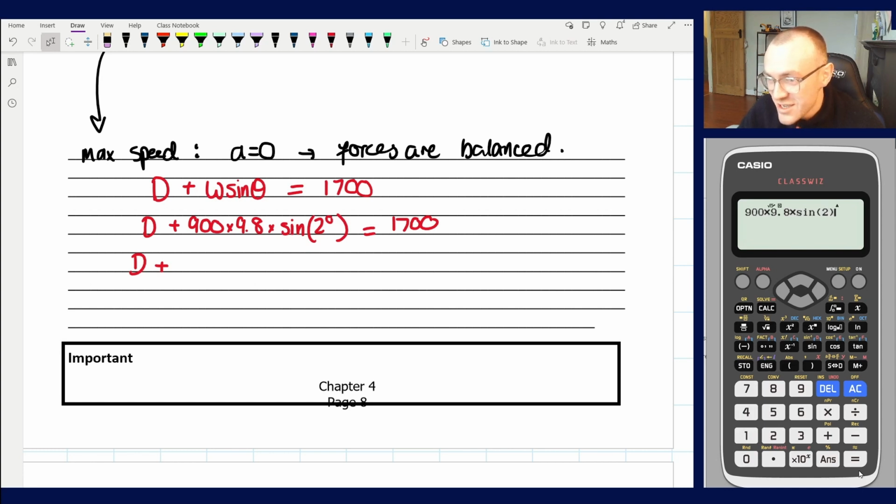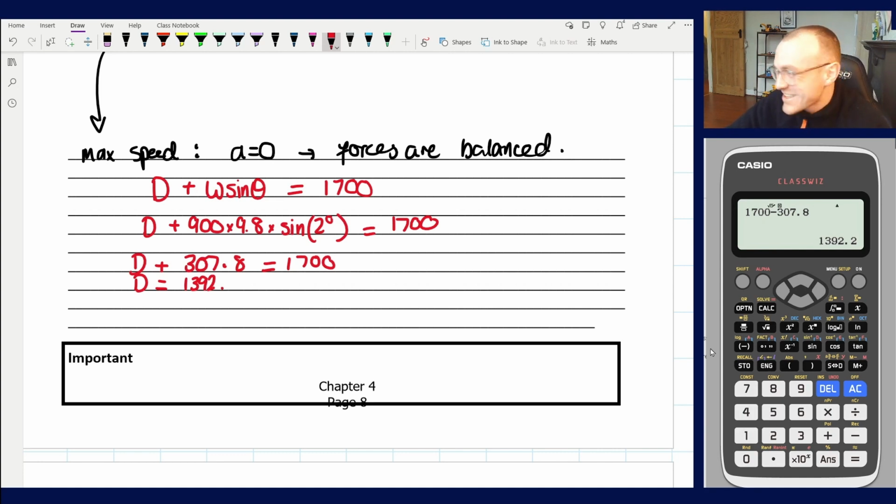Okay. 307.8. Rearrange, and I should be able to get a value for the force here. That is going to be just under 1400 newtons.